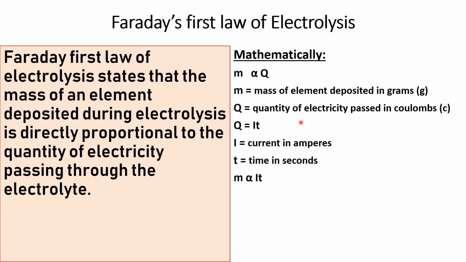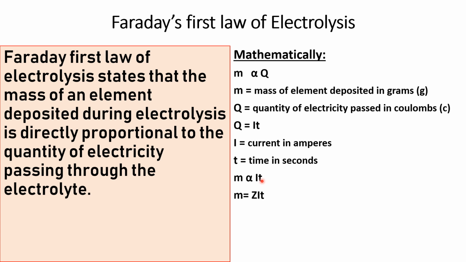So if quantity of electricity is equal to the product of current and time, then we can substitute IT for Q in this equation here. If we substitute IT for Q, then we have mass directly proportional to the product of current and time.